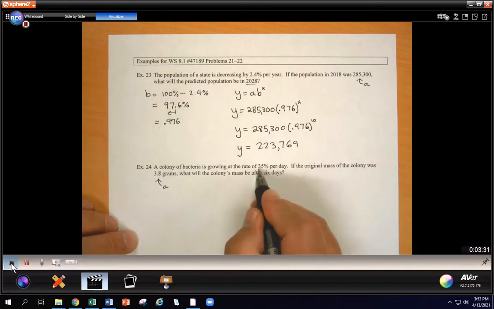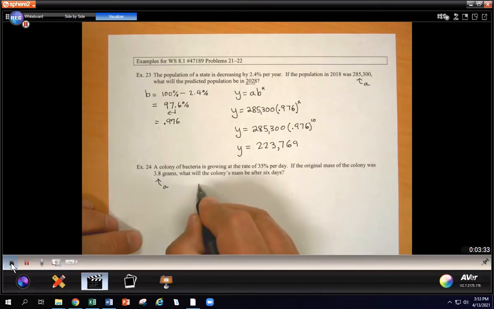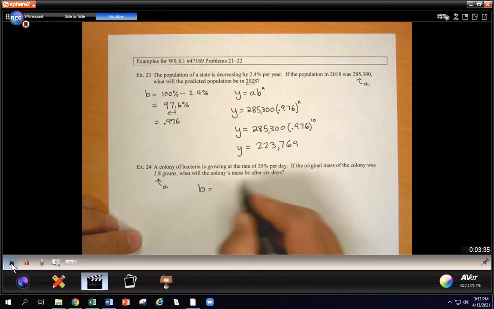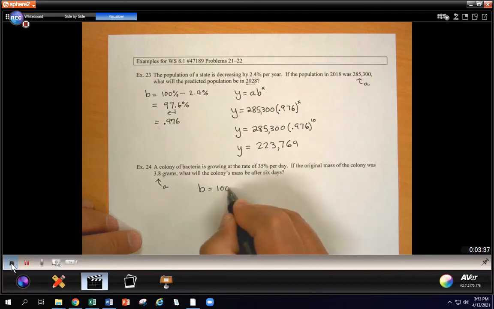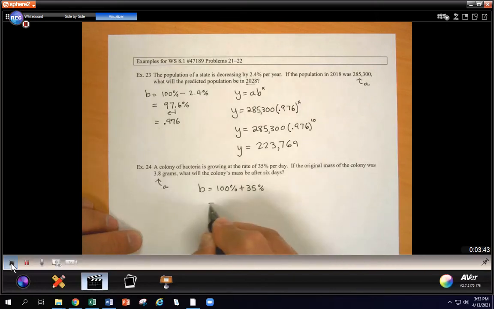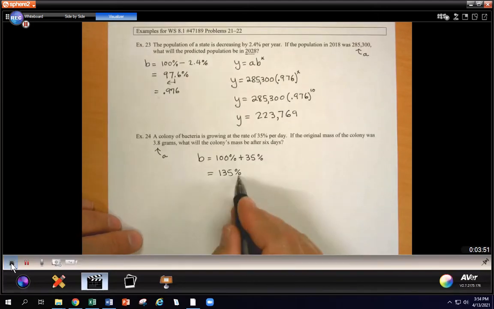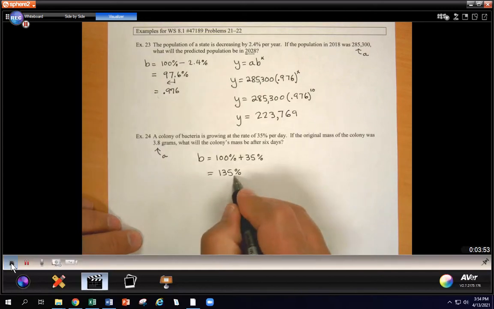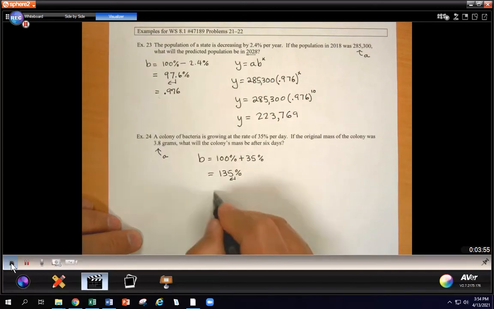But let's take this base and convert it into a usable number here. It's an increase of 35%, which is the same as 135%. And to make this usable, we're going to lose this percent sign, which will move the decimal to the left 2 spots.